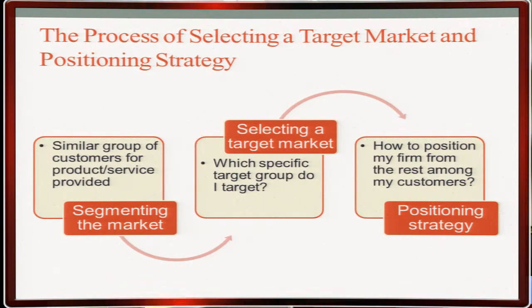Okay, so once we identify our group of consumers who will be interested in our products, then we shift to another step, which is we select our specific group, and then we strategize in positioning our firm among the targeted customers.